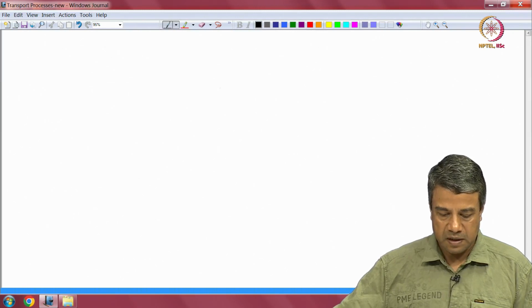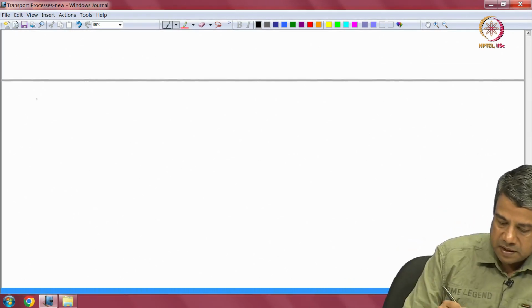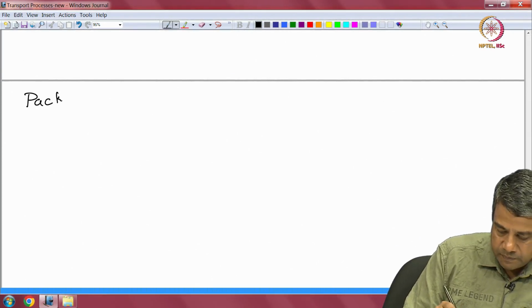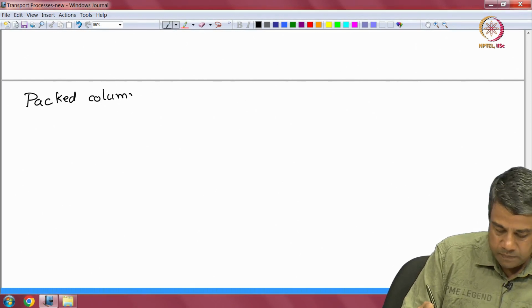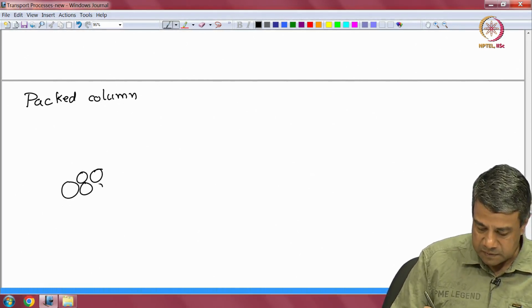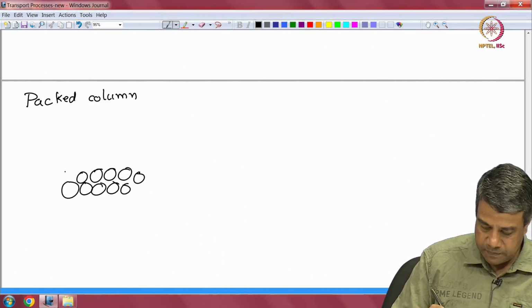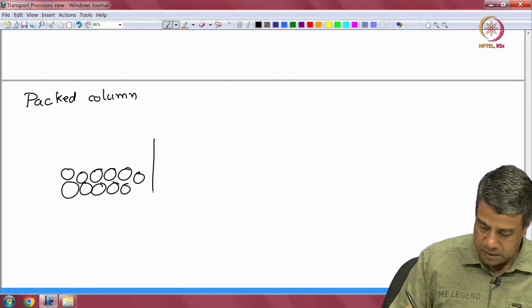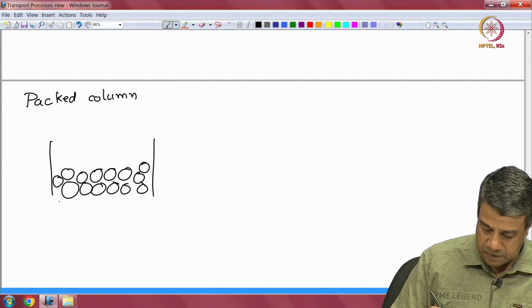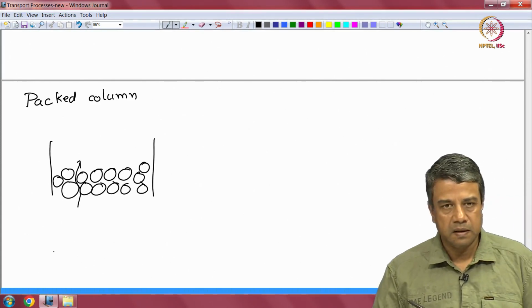Okay. There are other kinds of dispersion. For example, a packed column. If you have a column of particles, and a fluid is flowing through this column. Okay.